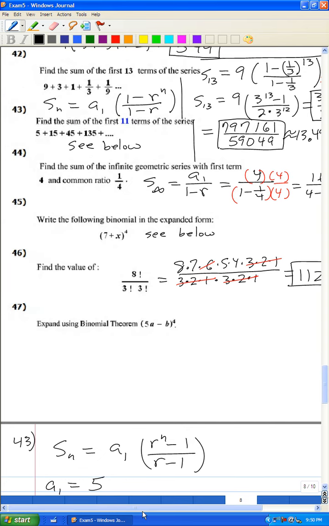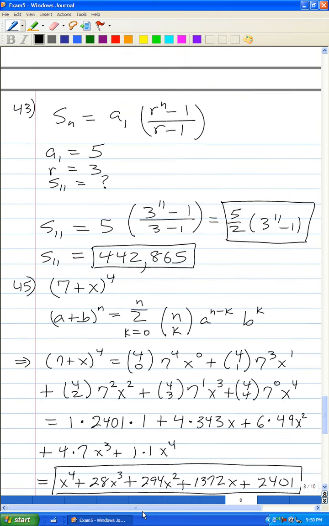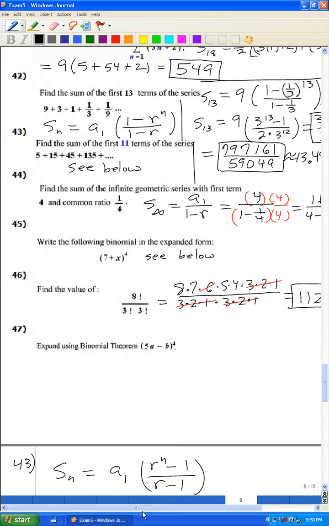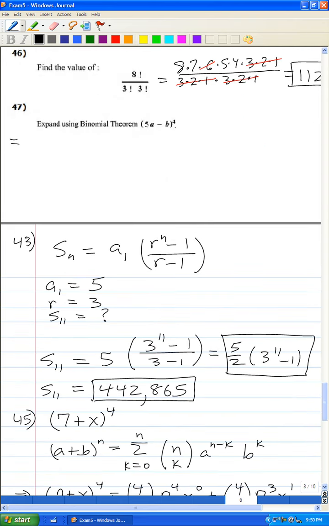Expand. Oh, so it's doing the same thing that we did here. Matter of fact, with almost the exact same numbers. And so this is going to equal, using the binomial theorem here, I'm going to do the same expansion.